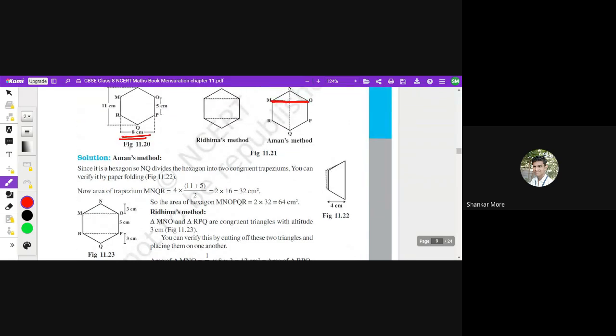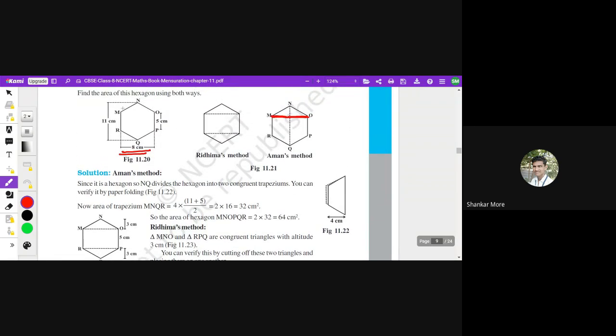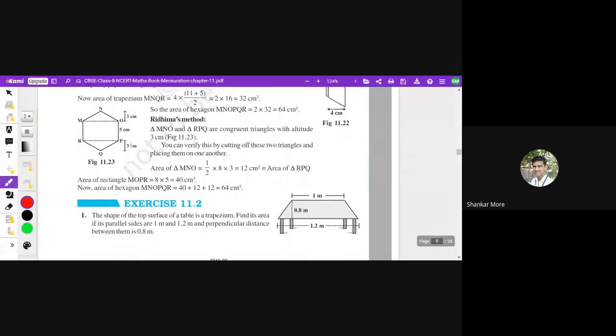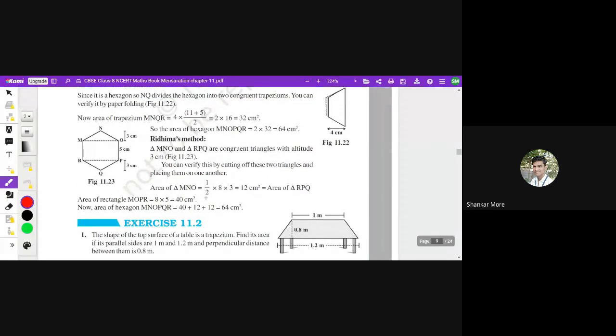Base is 8 centimeters. We know the base here. No, this is 11, this is 5. If you subtract from the total, 3 remains here and 3 remains here. That means height is 3 centimeters. So 1/2 into 8 into 3. So 12 centimeters square will be the area of this triangle and this triangle.